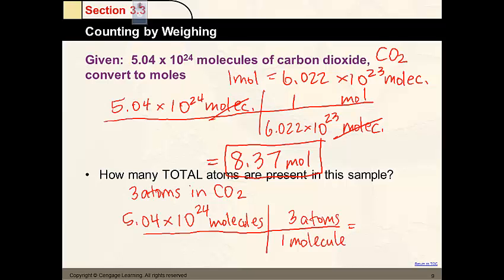So basically I'm just tripling that number. 5.04 times 10 to the 24th times 3 is equal to 1.51 times 10 to the 25th atoms. So it's triple because there's 3 individual atoms in 1 molecule.